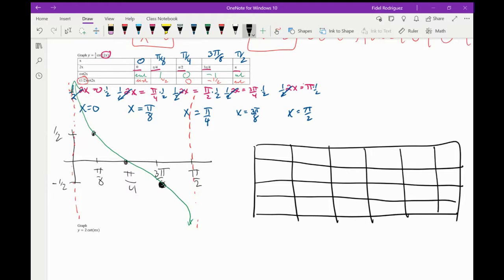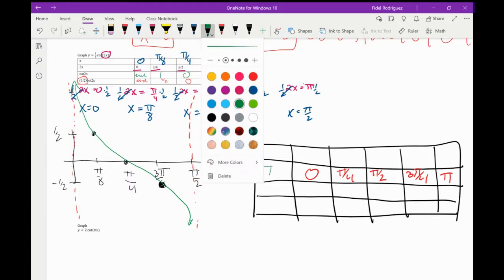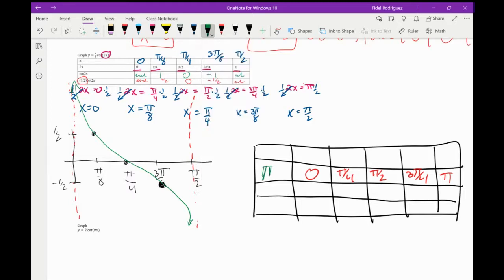All right, so the special values that we're using are 0, pi over 4, pi over 2, 3 pi over 4, and pi. Those are the special values we're using, okay? And in our case, we have a pi x in front of that. That's the part that we're looking at. So we want to know what the x is, and then we want to know what the cotangent of pi x is, and then we want to know what 2 cotangent is.